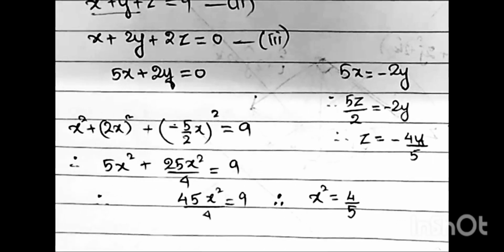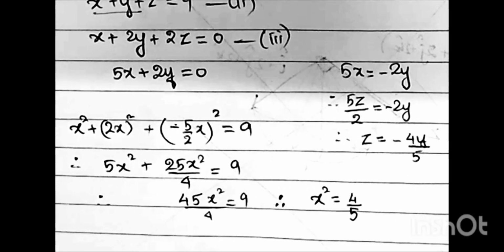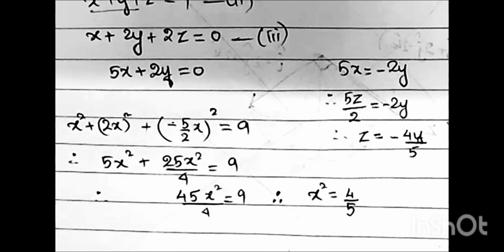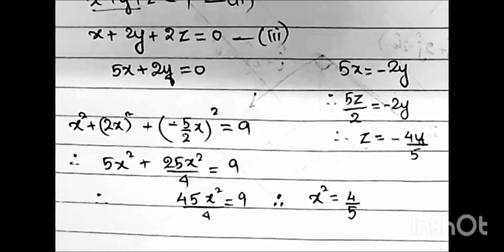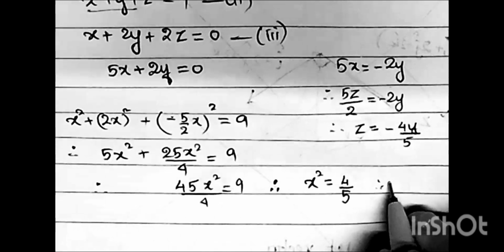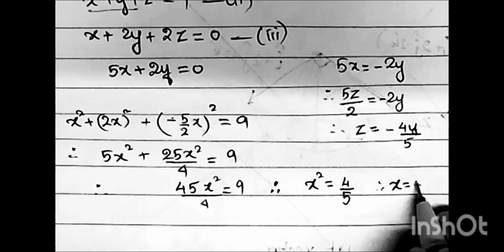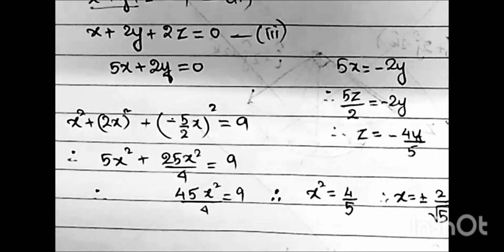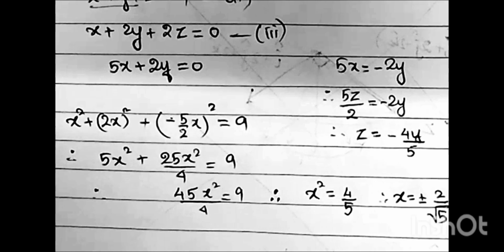So we can see the options. I think you can see in the figure above, we have 2 by root 5 and minus 2 by root 5. We're not exactly sure which of them should be it. So let's say for now, x is plus minus 2 by root 5. Alright, we still have z and we have to find y.